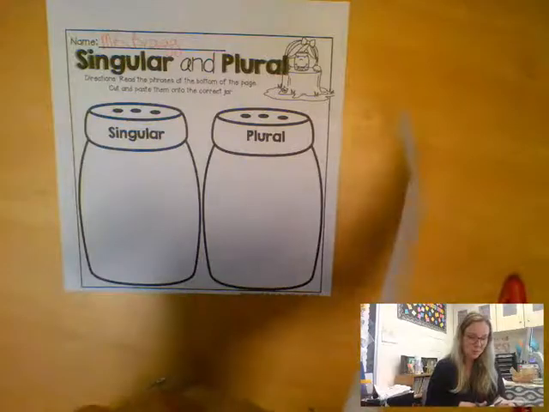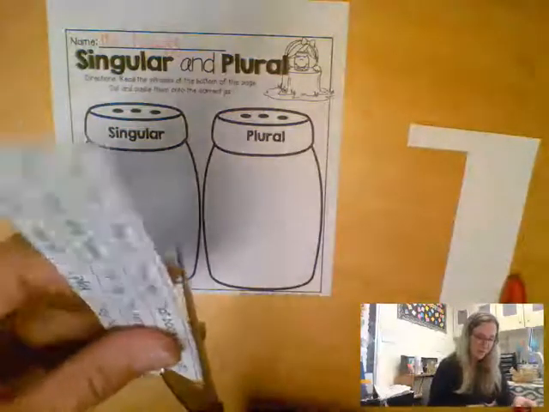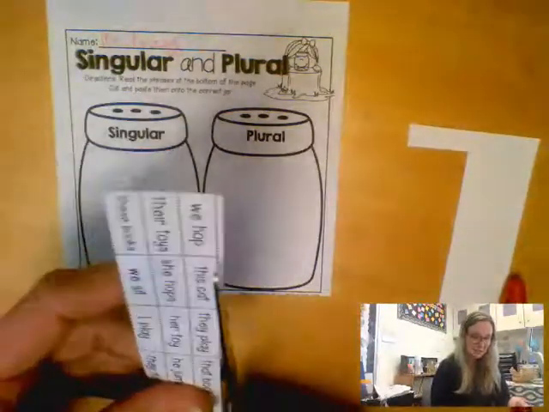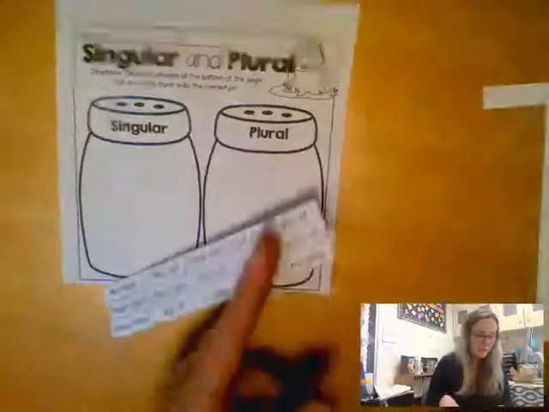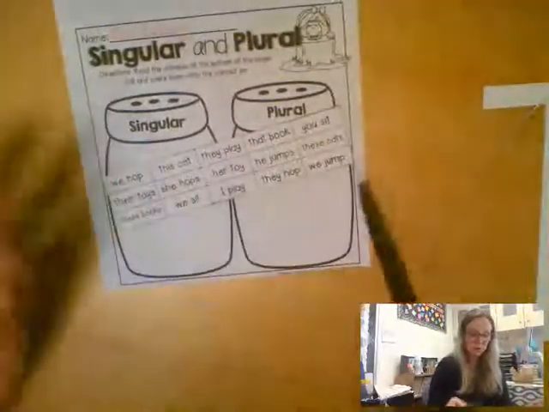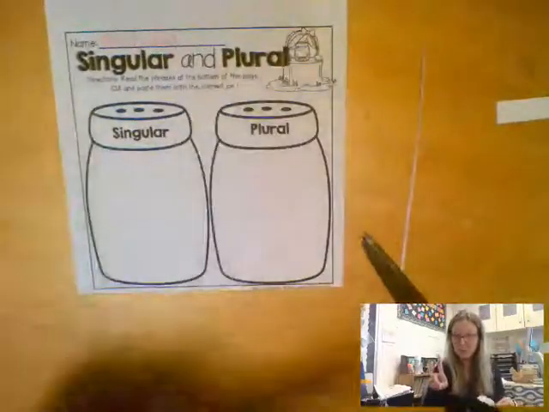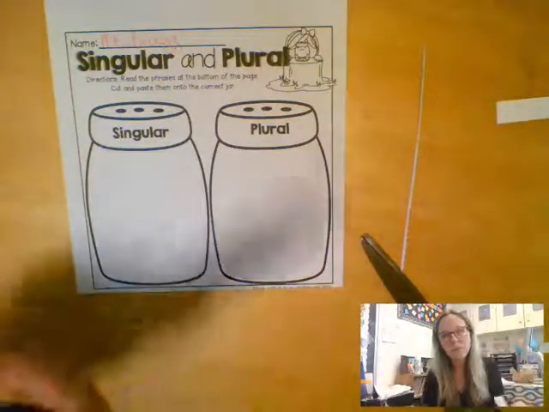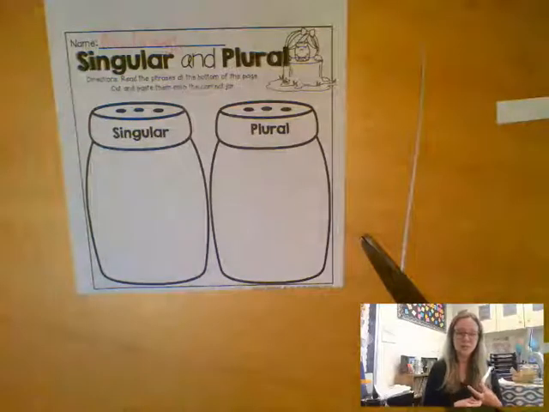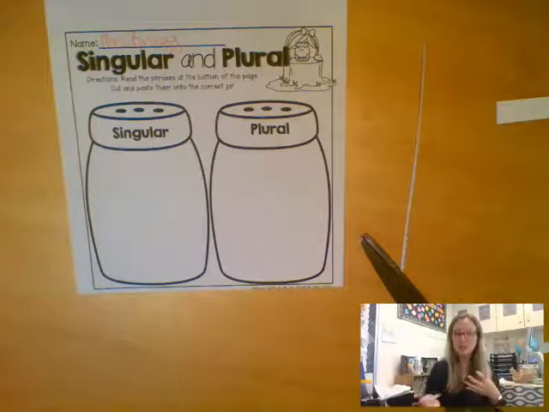I'm doing what we normally do, where I go around and cut off my outside tracks here. And then what you're going to do is read through each word phrase and figure out if it is singular, meaning one, or if it is plural, meaning more than one. Now, you remember we talked when we did our work yesterday about singular and plural.